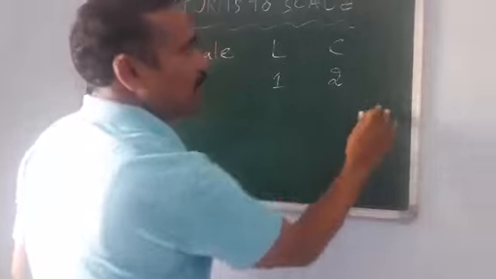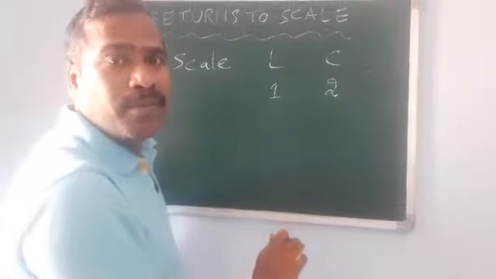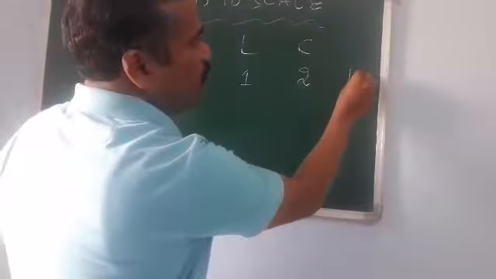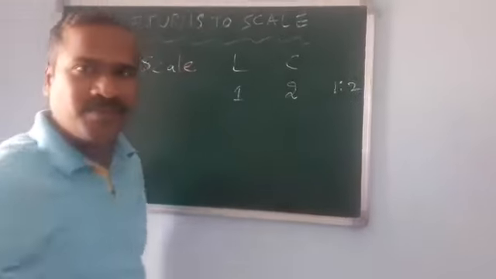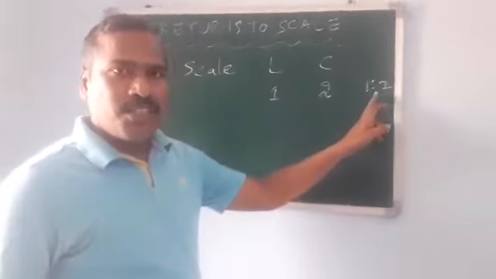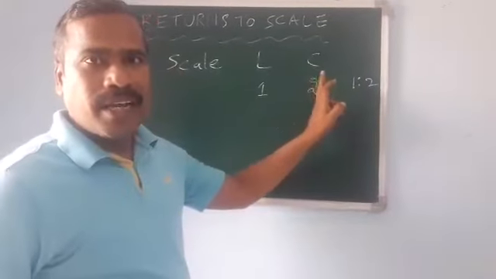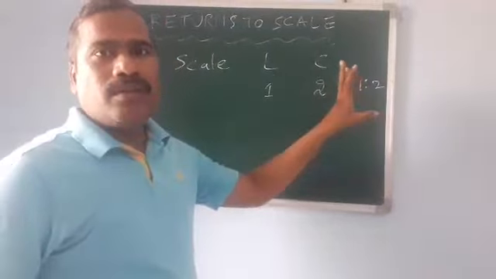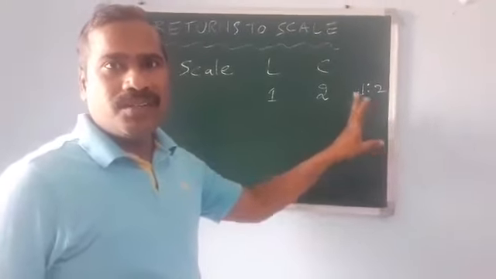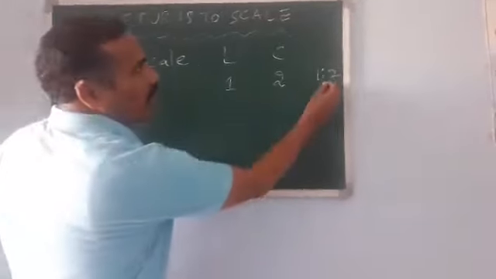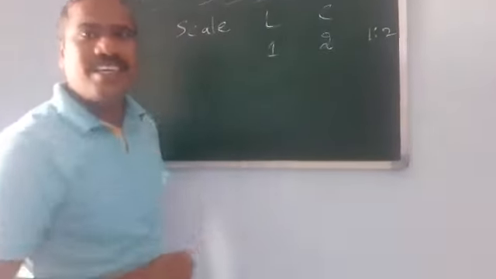We can say that the proportion of labor and capital is 1:2. This is the proportion of labor and capital to produce a unit of that good. This 1:2 is called scale.